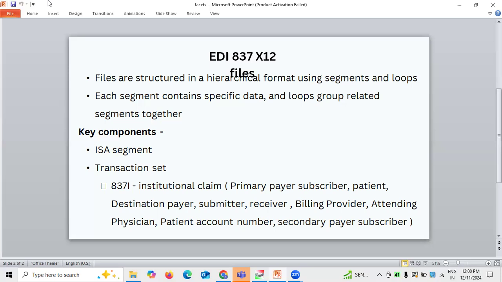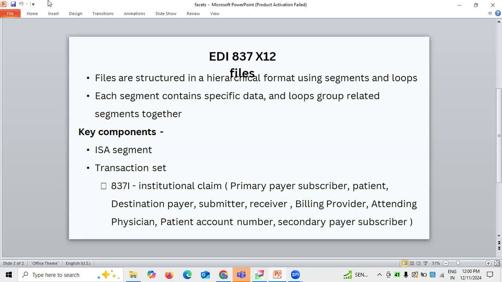Subsequently, we need to mention the dates. Next, condition codes and value codes. Next, diagnosis codes, as I mentioned. If there are secondary diagnosis codes, and how many coverage dates we have, everything needs to be mentioned, including the charges for each and every service we have provided, the individual cost, and the final cost.